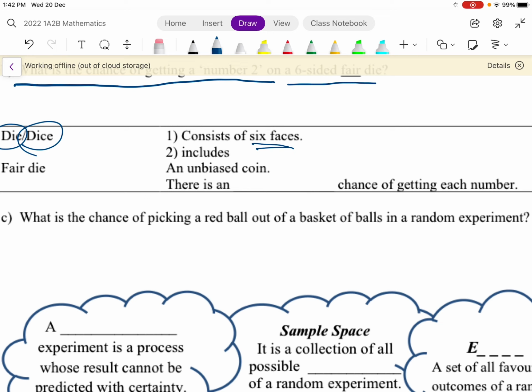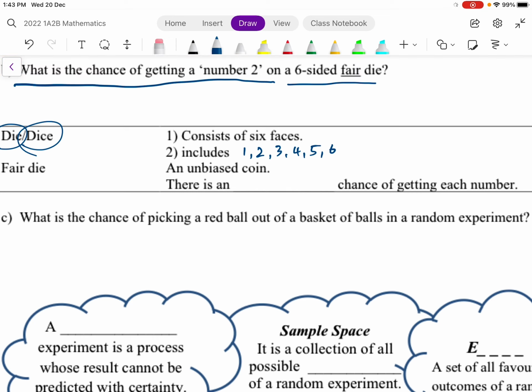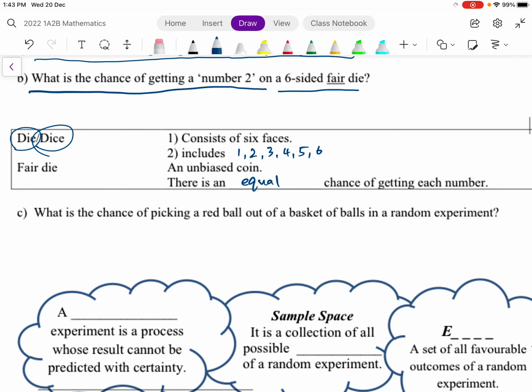A coin has 2 sides, and you decide a head or a tail. Back to the dice, we have 6 faces that include 1, 2, 3, 4, 5, and 6. And in an unbiased coin or die, there's an equal chance of getting each outcome.